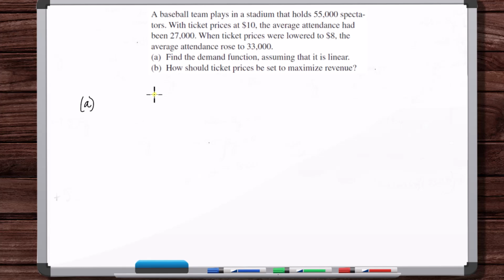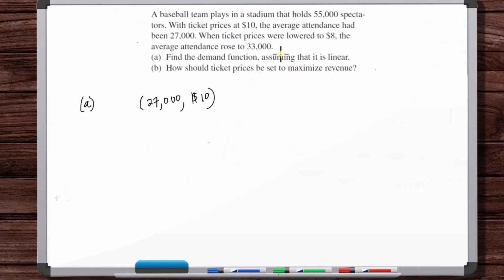All right, so we see that at the price of $10, 27,000 tickets were sold. And so the price function, or the demand function, is going to be price as a function of units sold. The units sold is X. Price is Y, the dependent variable.